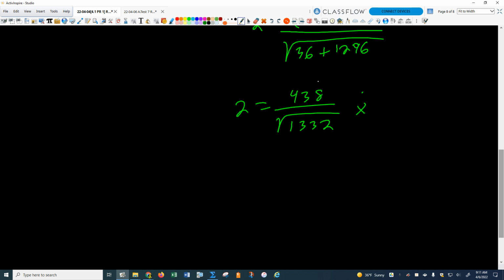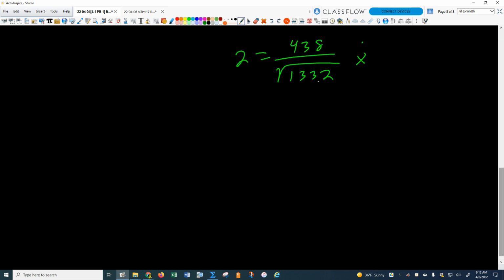So we're going to be stuck with some weird number. So if I solve for x dot, I've got to multiply by the reciprocal. So 2 times the square root of 1332 divided by 432, assuming I didn't make a mistake in there somewhere.